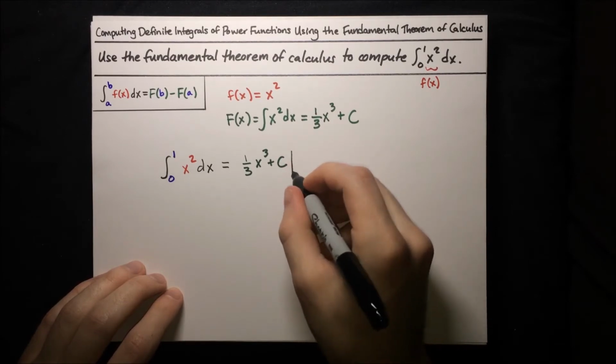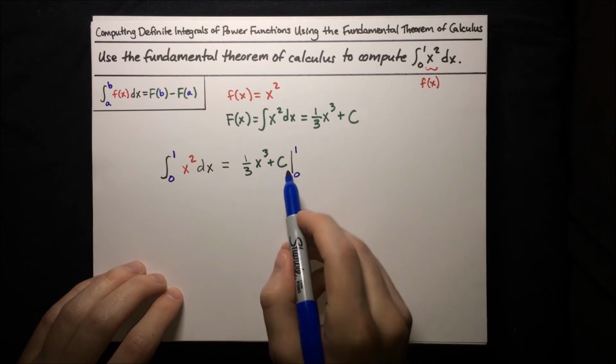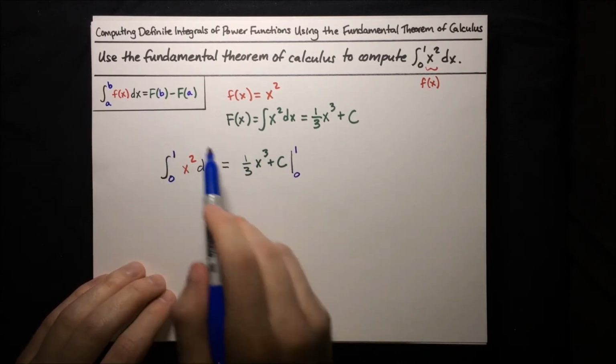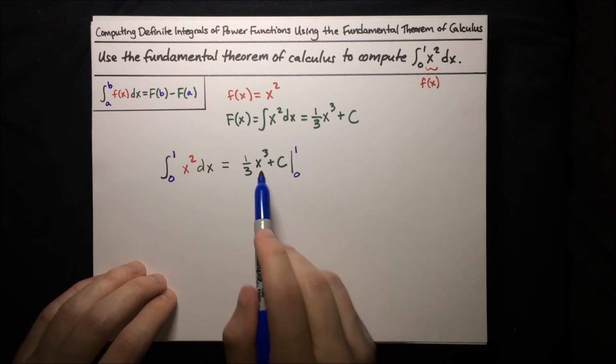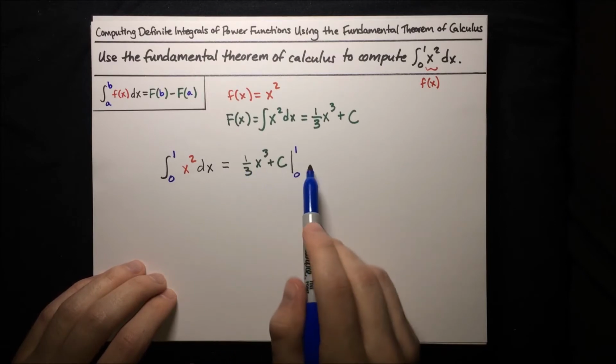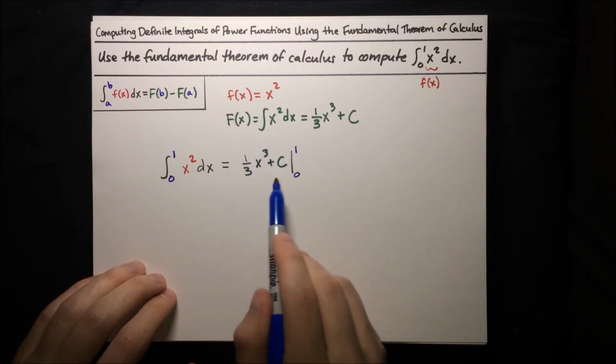So we're going to draw a vertical line here and put the bounds 0, 1, and that just means to plug in 1 into this function, evaluate it. That'll give us like F of b, this function evaluated at 1, and then plug in 0 to the function and evaluate that and then subtract. That's just a compact notation of writing it when we've got an actual function expression here.